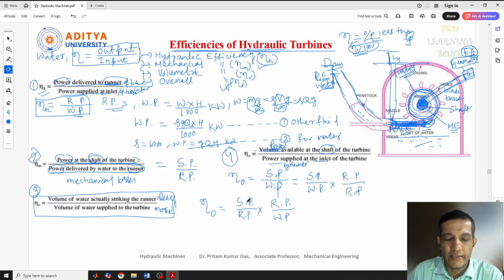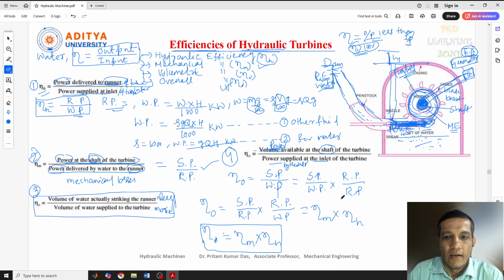Shaft power by runner power is the mechanical efficiency, and runner power by water power, as we saw initially, is the hydraulic efficiency. So the final statement is: overall efficiency equals mechanical efficiency into hydraulic efficiency.